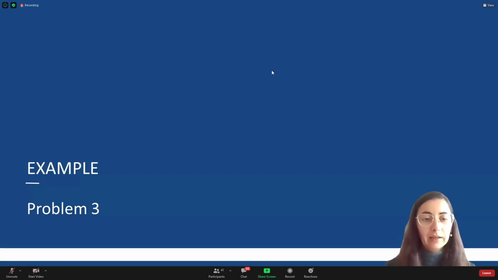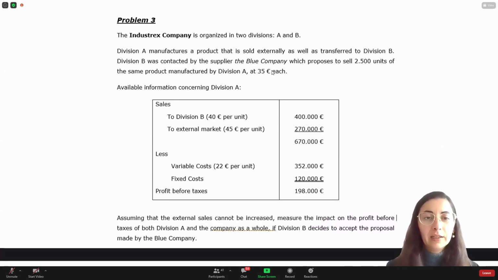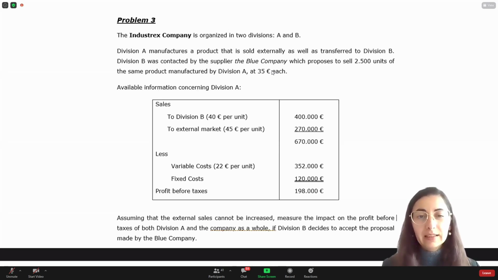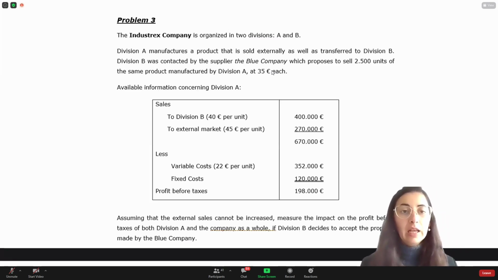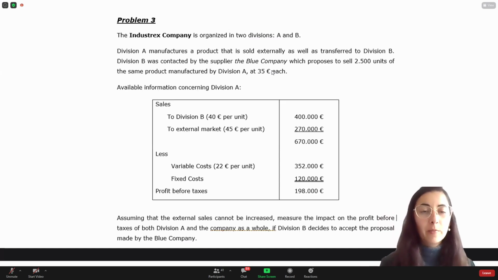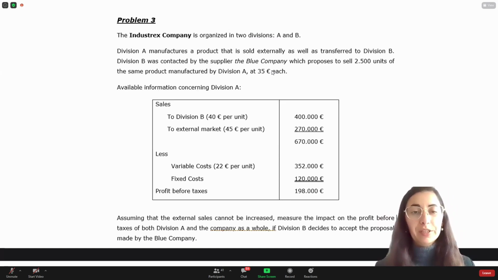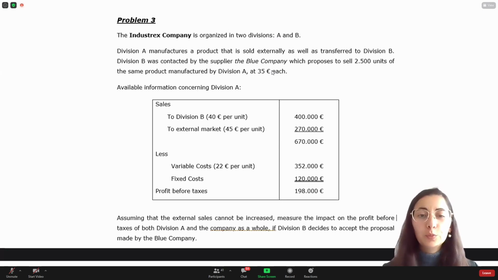So now we have an example. This is problem 3. We have this company with two divisions, A and B. Division A manufactures a product that is sold externally as well as transferred to Division B. Division B was contacted by an external supplier, the Blue Company, which proposes to sell 2,500 units of the same product manufactured by Division A at 35 euros each.